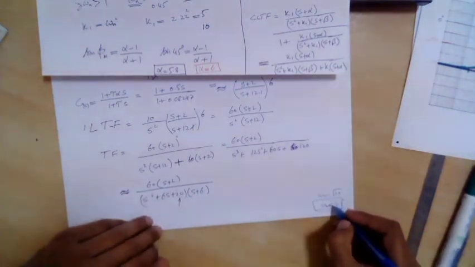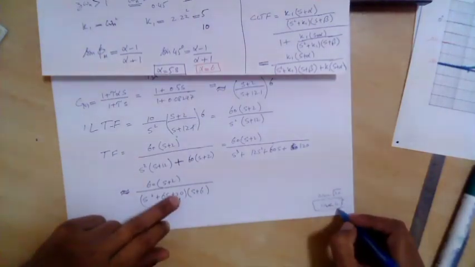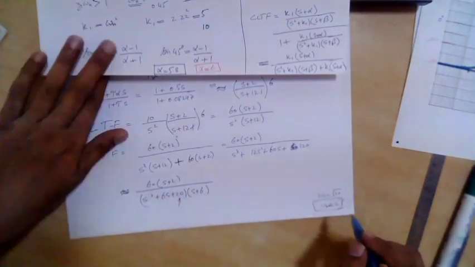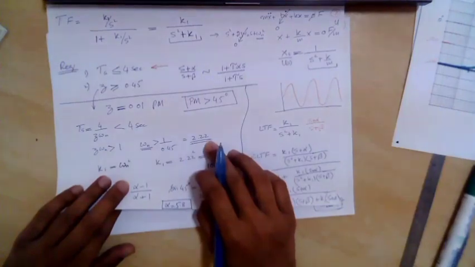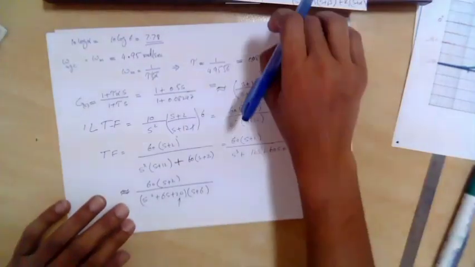So one criterion is this: you compare this with the required omega n, and omega n should be greater than 2.22, right? But a better way to handle a higher order system is something else.